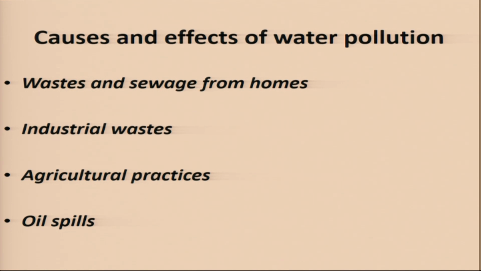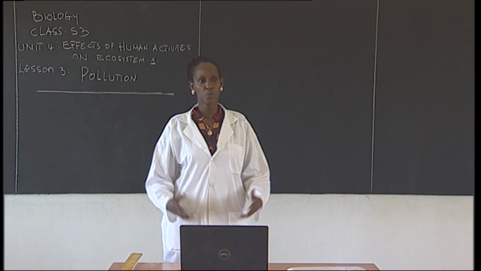When spilled in water, they lead to water pollution. Oil spills from garages. You clean your vehicle, but remember the nearby river will be contaminated by that oil, which will be washed by the water or soil erosion into the river. Then you find the water is contaminated.